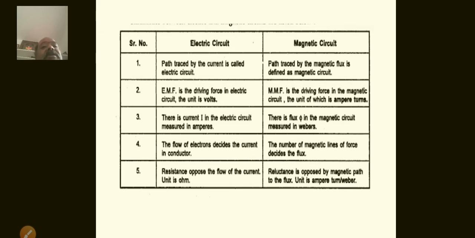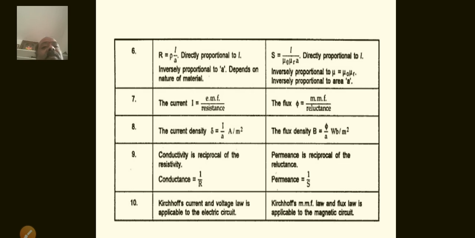Now we will come to more differences with respect to the resistance. We observe that R is equal to rho L by A in the electric circuit. Here the resistance is directly proportional to the length of the wire, inversely proportional to the area of cross section, and proportional to the specific resistance.